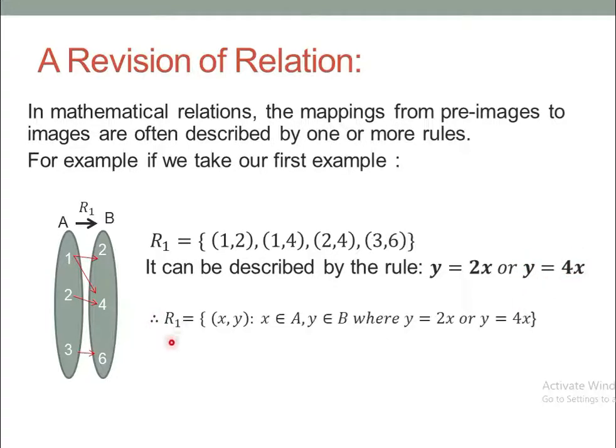Now we can see a set of ordered pairs (x, y), x belongs to A, y belongs to B, where y is equal to 2x or y is equal to 4x. Here R1 is written in set builder method. Previously we wrote R1 in tabular method.